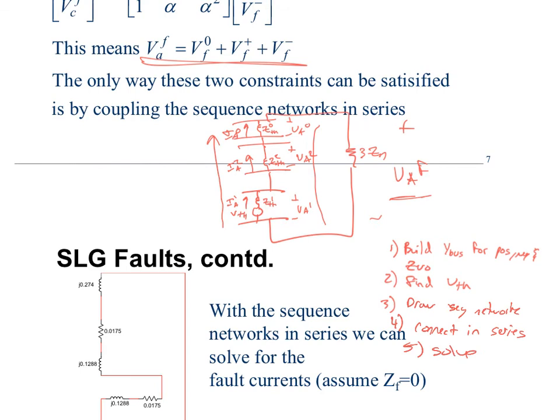So how do I solve for IA0, which also equals IA1, which also equals IA2? How would you solve for those currents? Anybody?